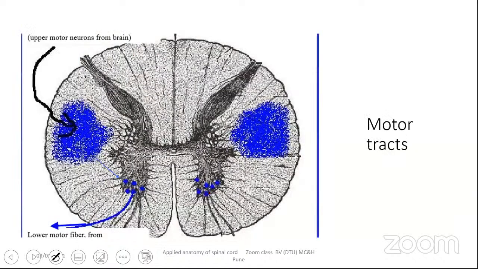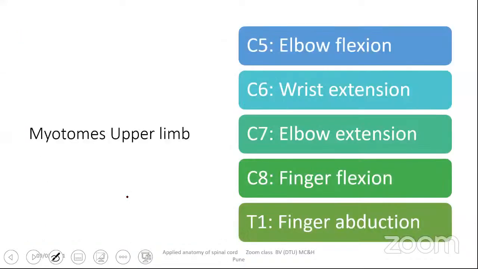The motor tracts come from the upper motor neurons in the brain, that is the Betz cells in the cerebral cortex and also the centers in the brain stem. They cross at the level of the medullary pyramid, descend in the lateral corticospinal tracts and home on to the ventral horn cells, the final common pathway, that is the lower motor neuron.